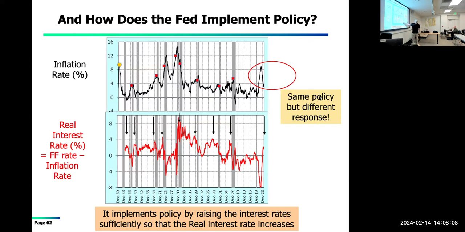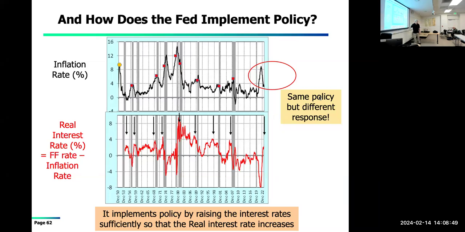And you can see that typically when the real interest rate is negative, that's not deflation. That just means the inflation rate's higher than the interest rates. That tends to be stimulative because borrowers understand inflation and the cost of borrowing, and their expected inflation rate really matters. So the Fed's policy is to try to raise real interest rates, which is just the Fed funds rate minus the inflation rate.